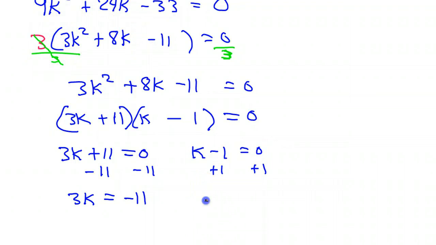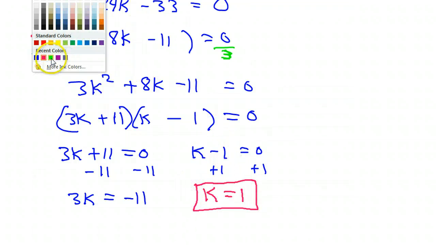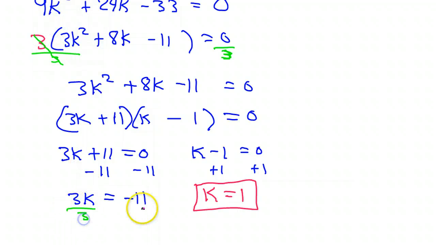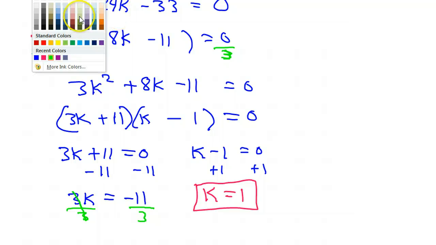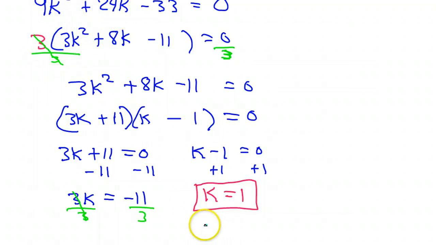This is going to give me k equals 1. Now, if I divide both sides by 3, I get k equals negative 11 over 3.